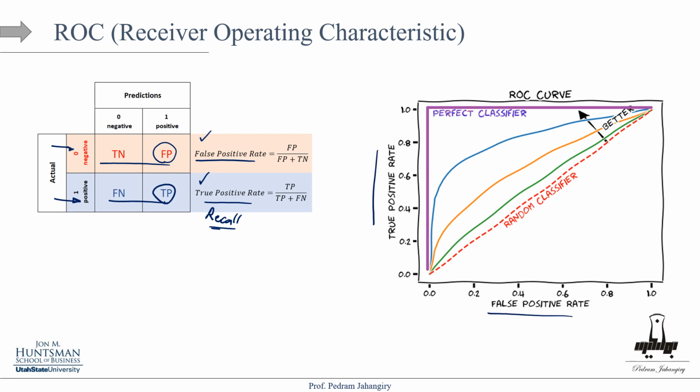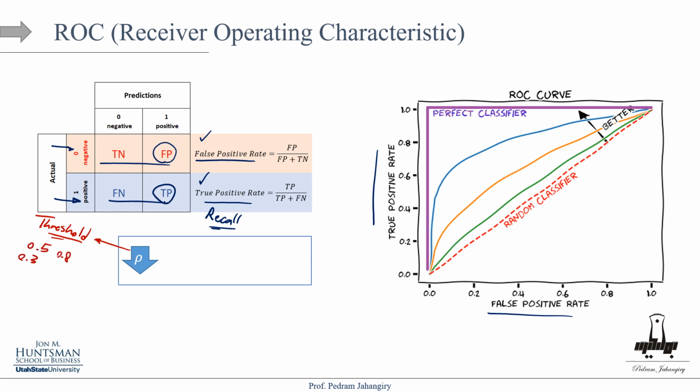And remember, these numbers will be reported only for models whose outputs are probabilities. Let me tell you what I mean by that. Imagine this is a threshold. It can be 50%, it can be 30%, it can be 80%. At the end of the day, the model is going to give you some probability.